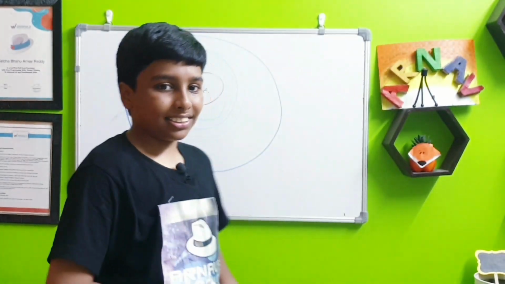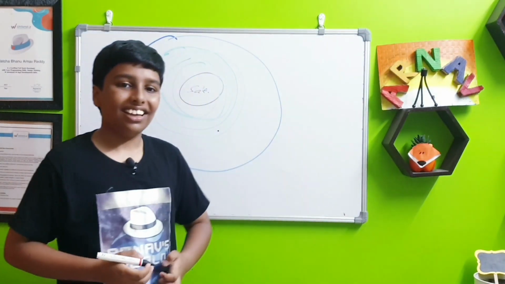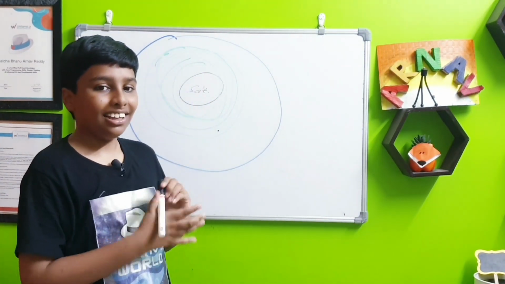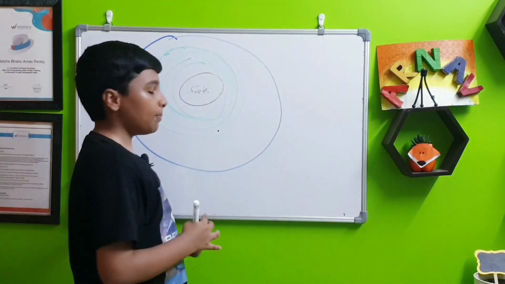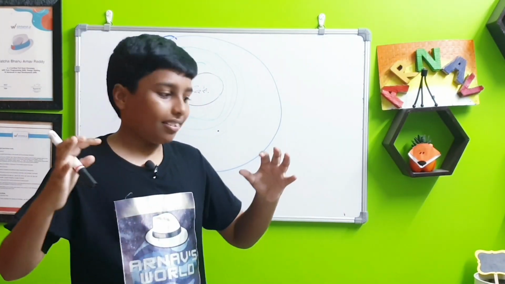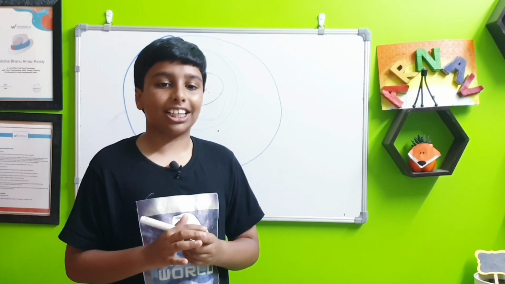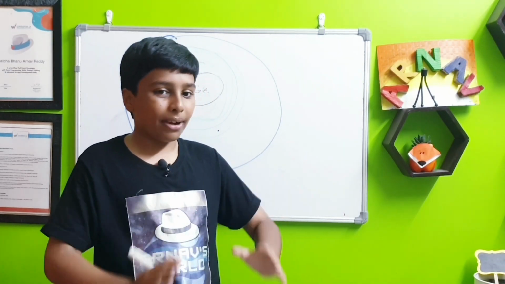Let's take an example: Prometheus, a small moon at the last ring of Saturn, the F ring. As it is so small, it is not held together by gravity, but by electromagnetic forces.